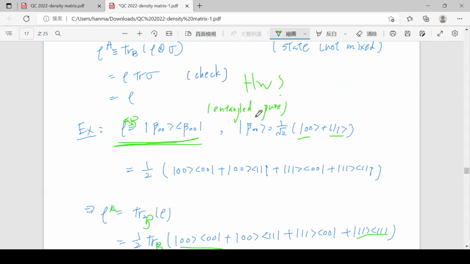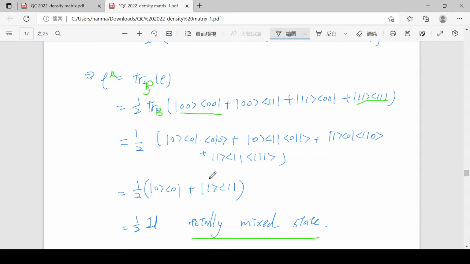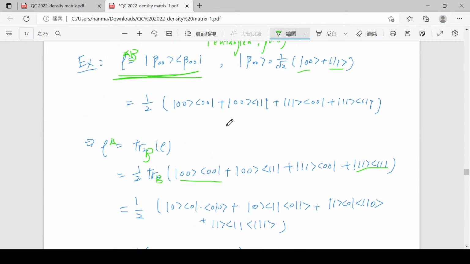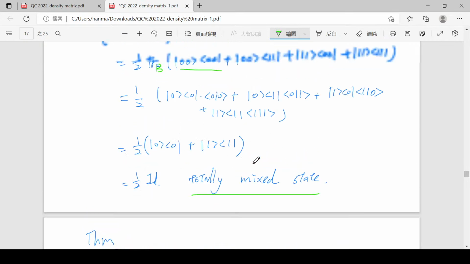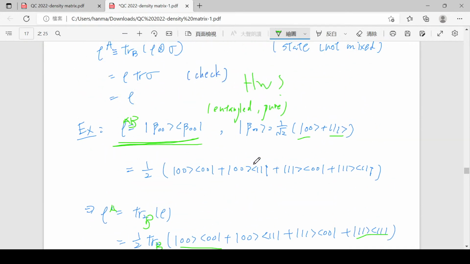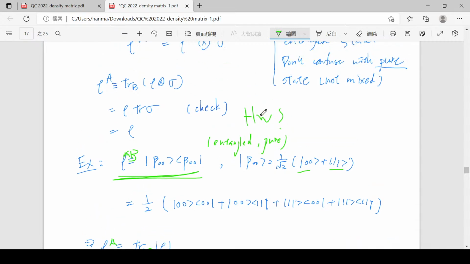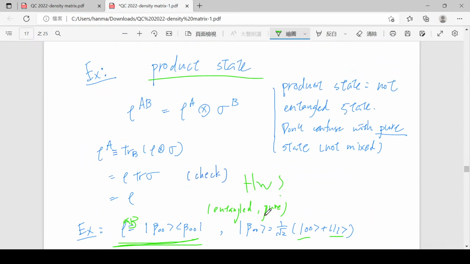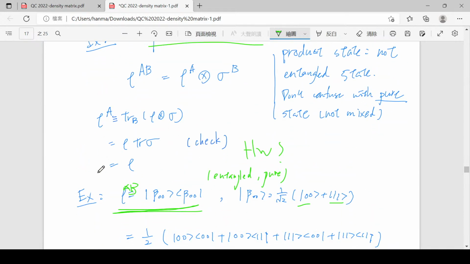But if your global state is pure and also not entangled, then your local state is also going to be pure. And you can kind of see that, because if it is non-entangled pure, then both this rho and sigma are going to be pure.